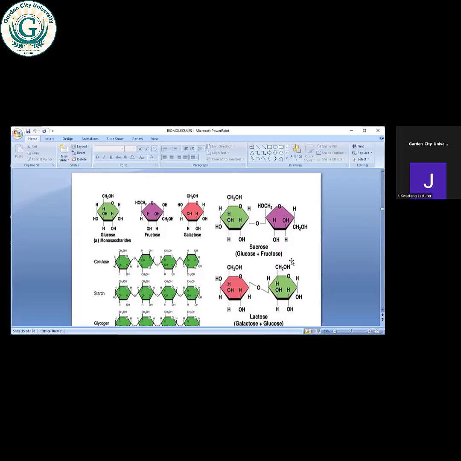Oligosaccharide. Common examples of oligosaccharides include raffinose, and then there's another one called stachyose.